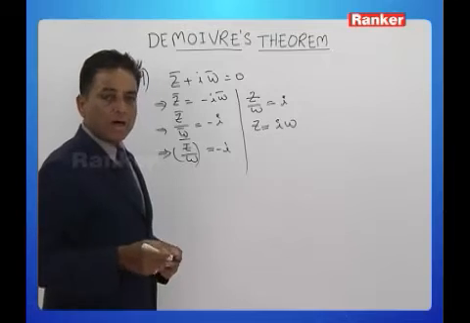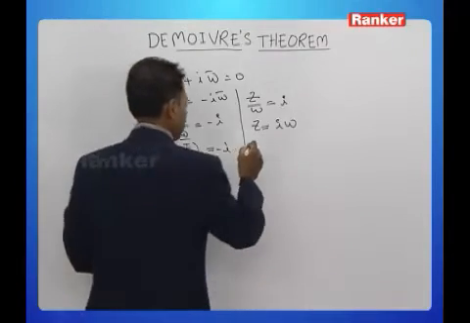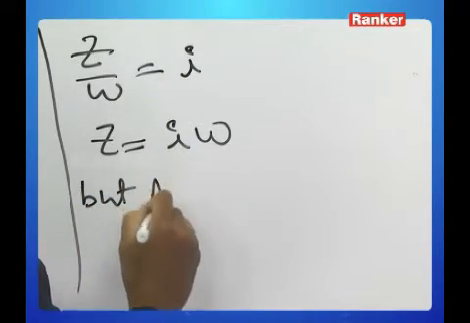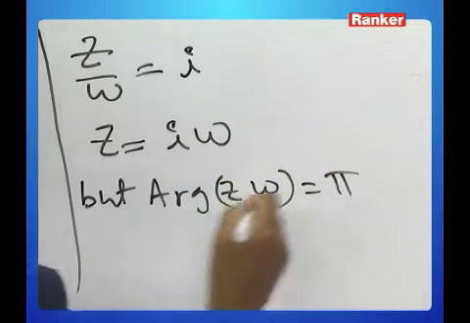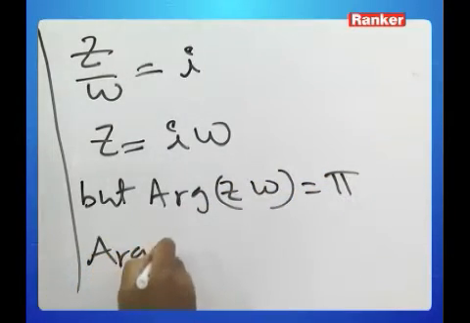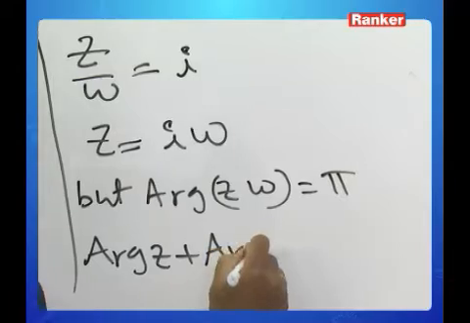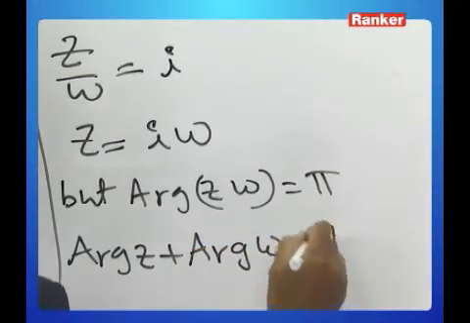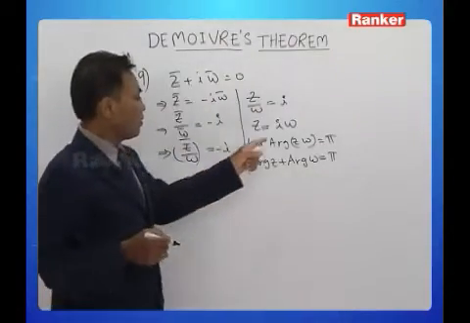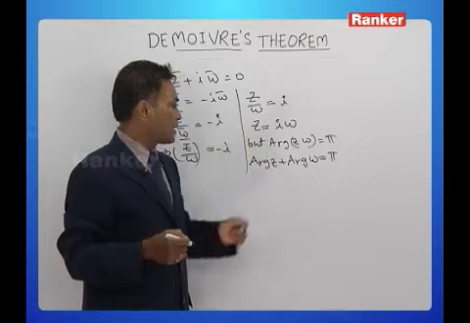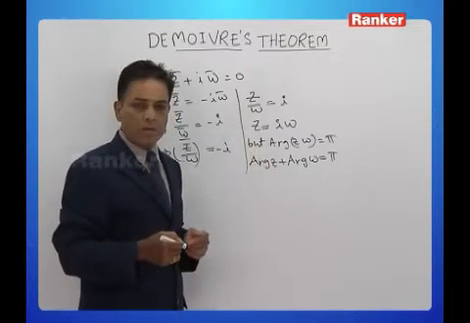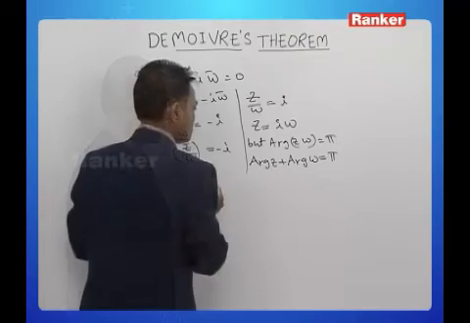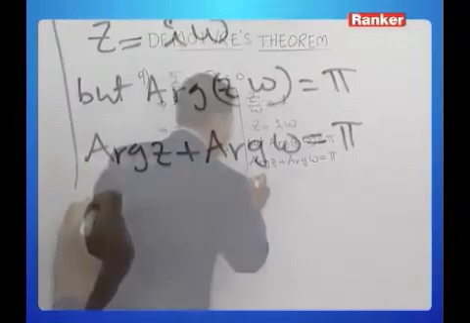It was given that arg of z omega is pi. So, arg z plus arg omega is pi, right. Now, z is equal to i omega.